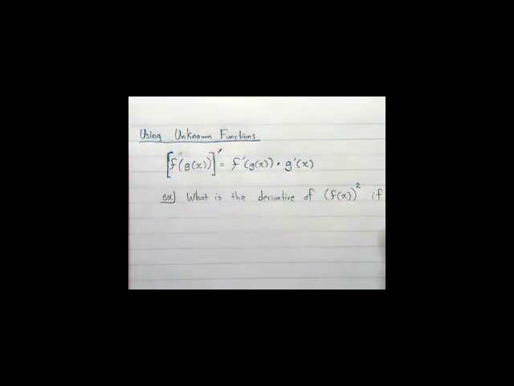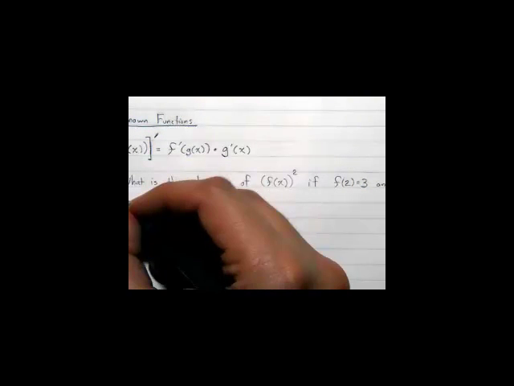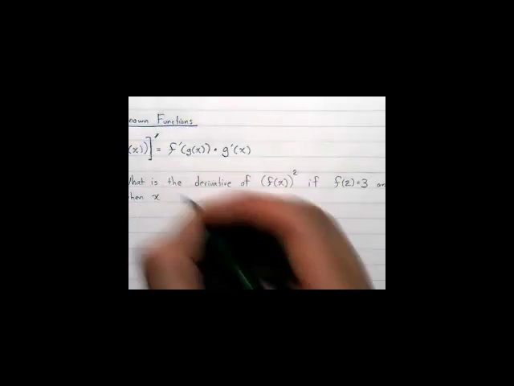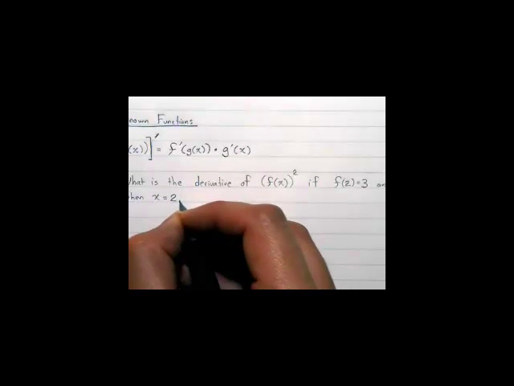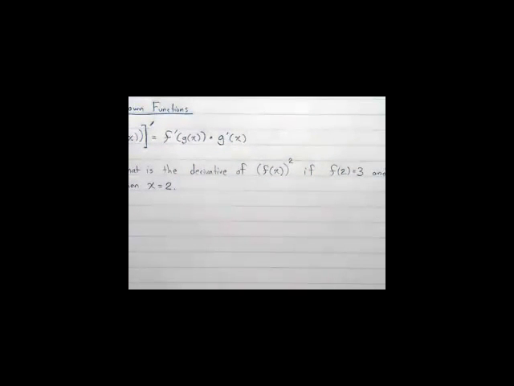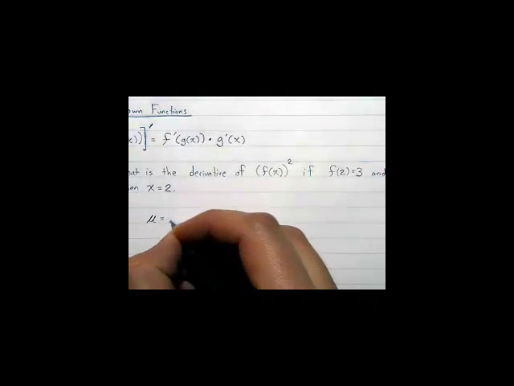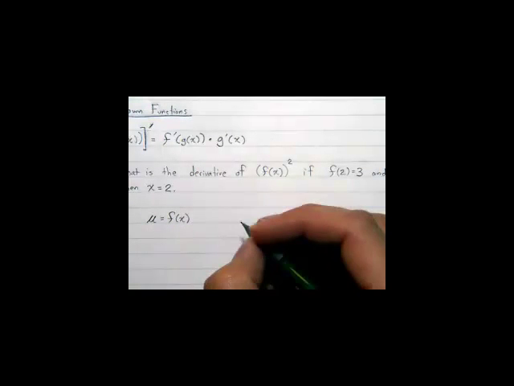So let's say we want to do the derivative of f of x squared if f of 2 equals 3 and f prime of 2 equals negative 1, when x equals 2. So I want the derivative at x equals 2 of this thing. Okay? So if it helps, the u is just f of x. If you want to think of it that way, that might be helpful. So just make your u f of x.